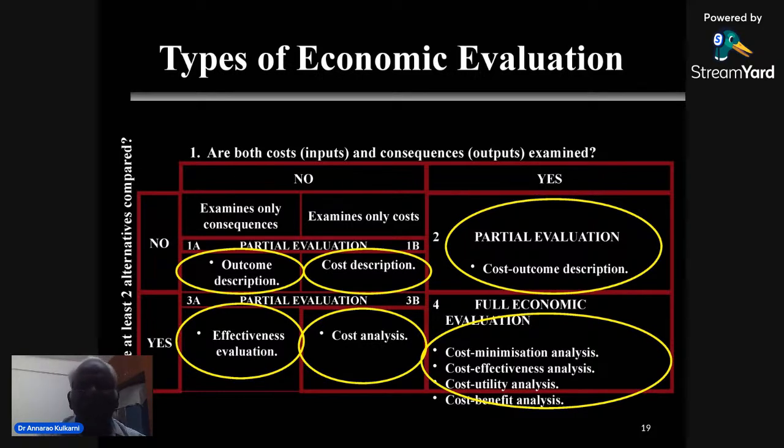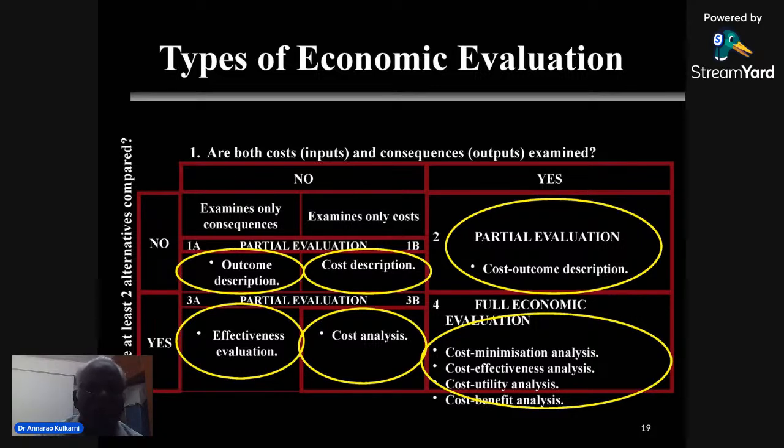For example, if we have only one alternative and we are considering only cost, then it is called cost description. If we have only one alternative and we are only analyzing the consequences, that is called outcome description. If we have only one program and we have considered both cost and outcome, it is called cost outcome description.